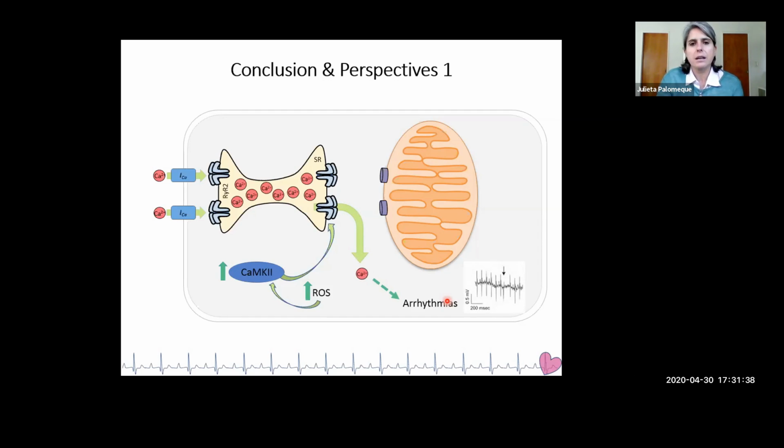So in the next step, we wanted to see if this calcium leak from the SR is going through the mitochondria and increasing mitochondrial calcium content, and see what happens with the relationship between mitochondria and the sarcoplasmic reticulum.